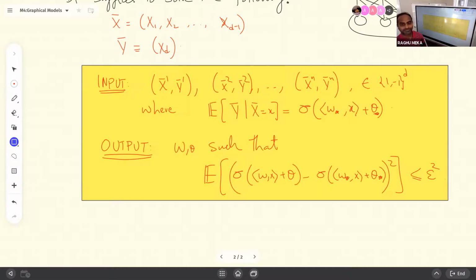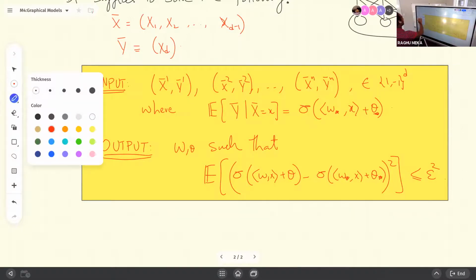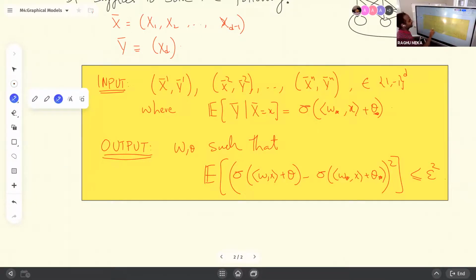That's the problem now. We went from graphical models, Ising models, to solving this almost plain vanilla linear regression question. And if you're interested in looking this up further, these sorts of assumptions, where I place an assumption on the conditional distribution of the regressing variable, y is the regressing variable, x are the covariates, this is called the probabilistic concept model.